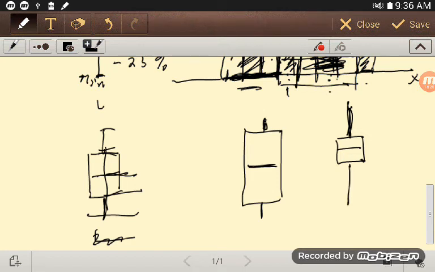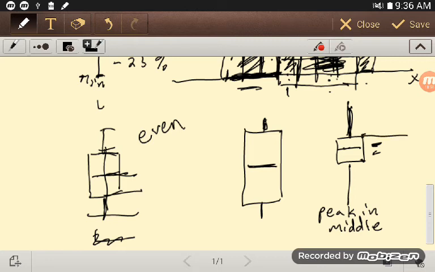So this is even. So if it's humped in the middle, I'm going to say peak in middle, right? Because these being narrower in here, they should have the taller parts of the histogram. And then here, most of my data is actually at ends. So data at ends.